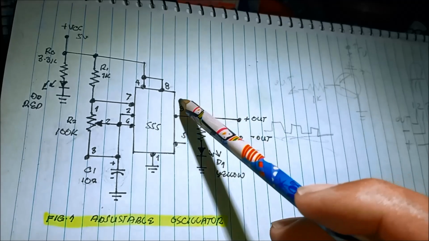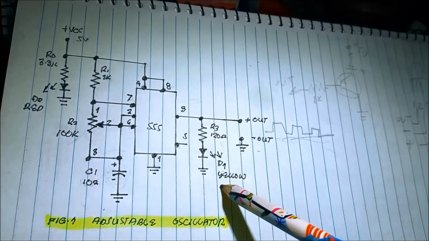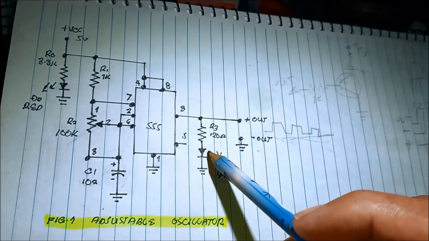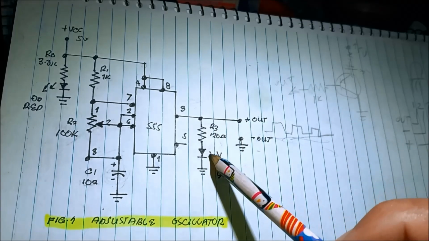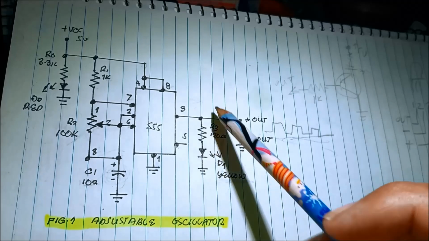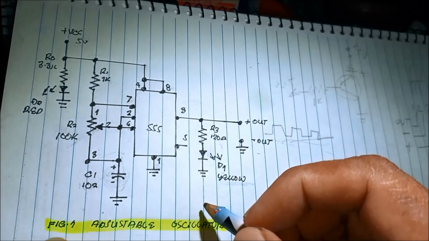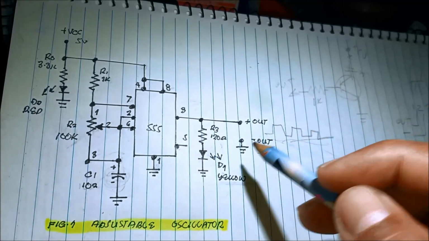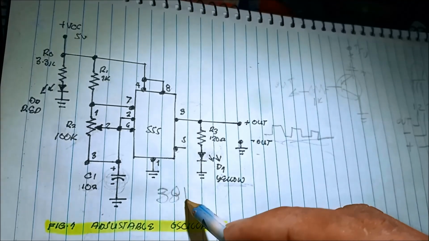Into our output, we have the output LED, the color yellow. We cannot see the blinking or the flashing of the LED because we adjusted the potentiometer for about 38 kilohertz.